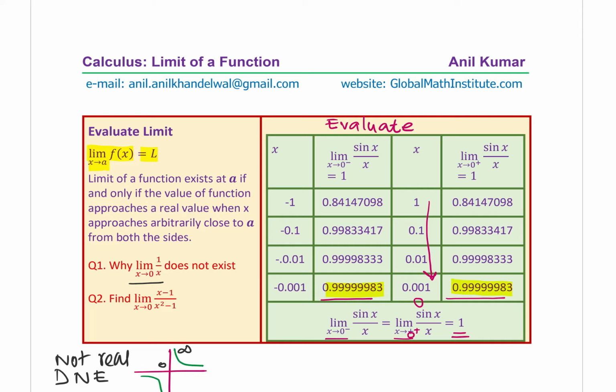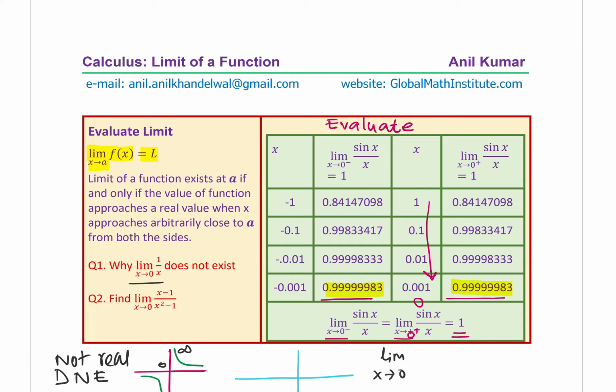Now let me take the other function, which is the limit of x minus 1 over x squared minus 1. I'd like you to pause the video at this stage, graph the function, and then let me know. Well, before graphing, I think you would like to simplify this. So when you write this function, we are looking for the limit when x approaches 1.